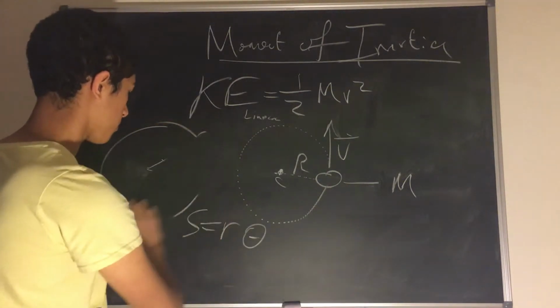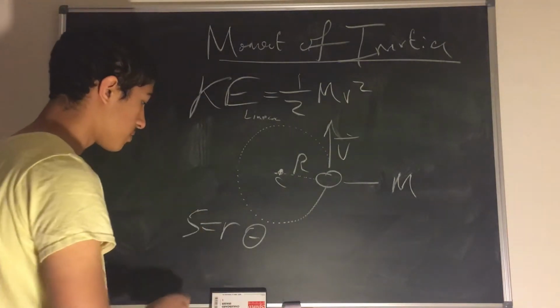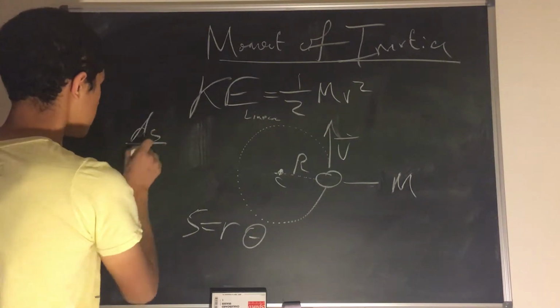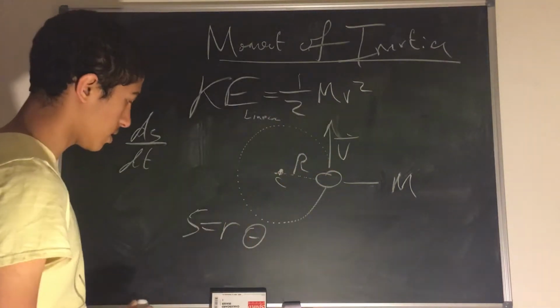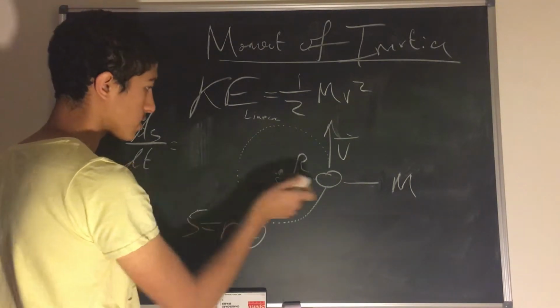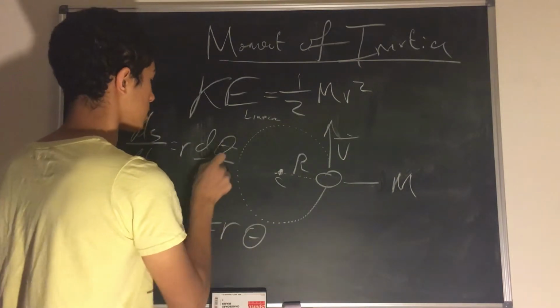Since we want to find velocity, all we must do is take derivatives on both sides, and we have ds by dt, which is the same as velocity in this case, is equal to r, since r is simply a constant, r d theta by dt.